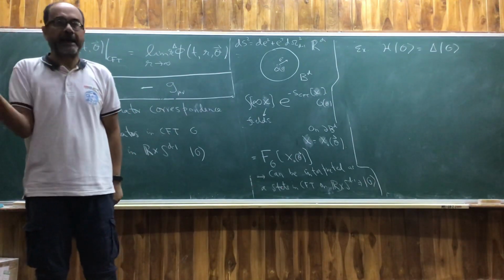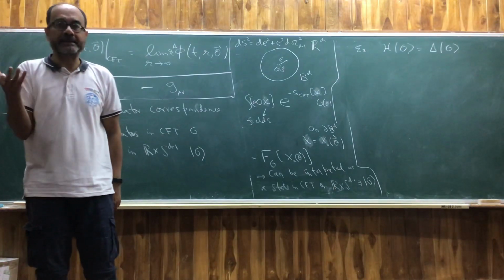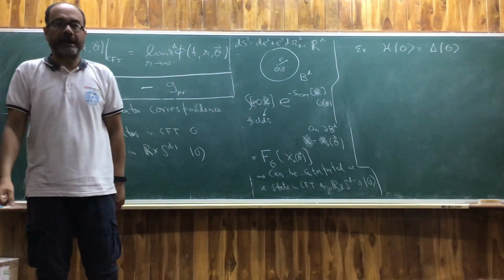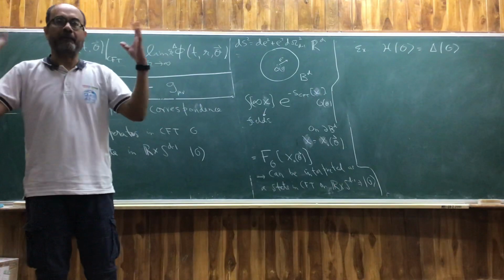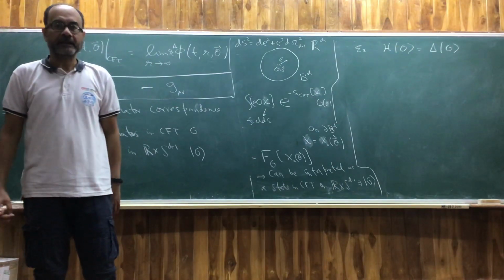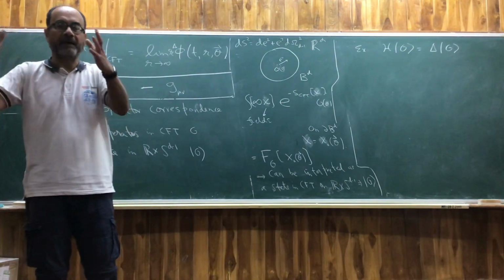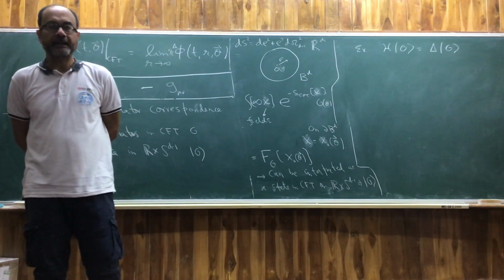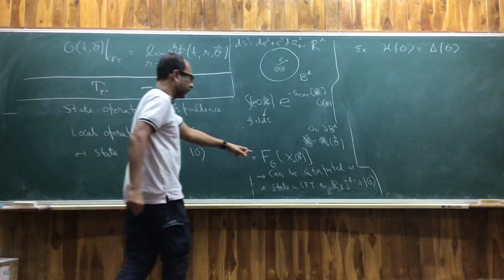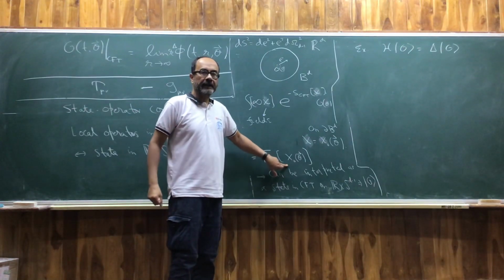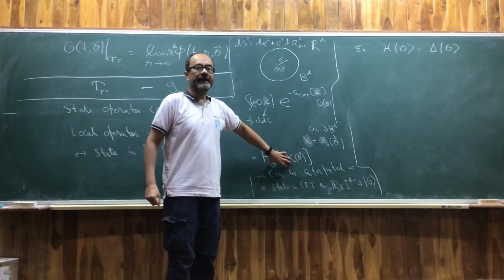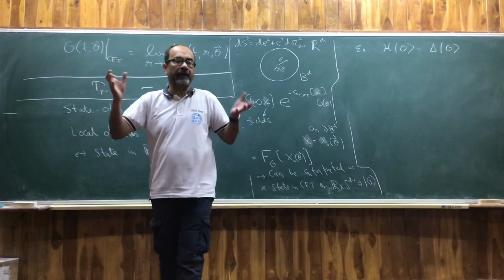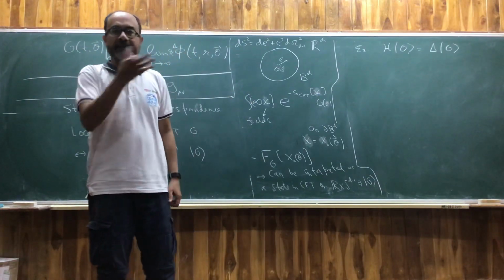Just like any function of x. If you have a quantum mechanical system and somebody gives you a function of x, you say, okay, now we have a wave function. I can make the dictionary that function you interpret as a wave function. It will give some state. Similarly, once you have gotten a functional of chi0 theta, you can interpret this as a state, as a wave function, and that's the state the operator corresponds to.